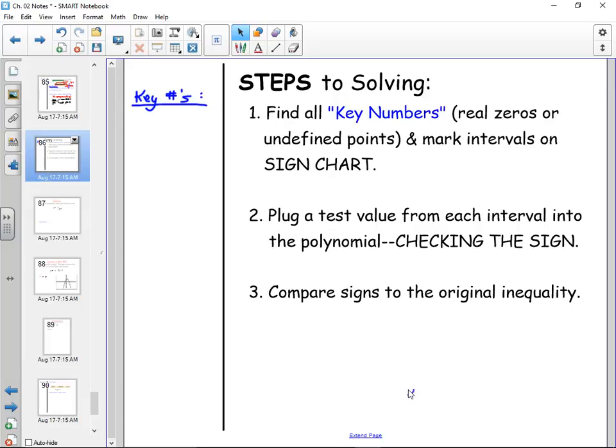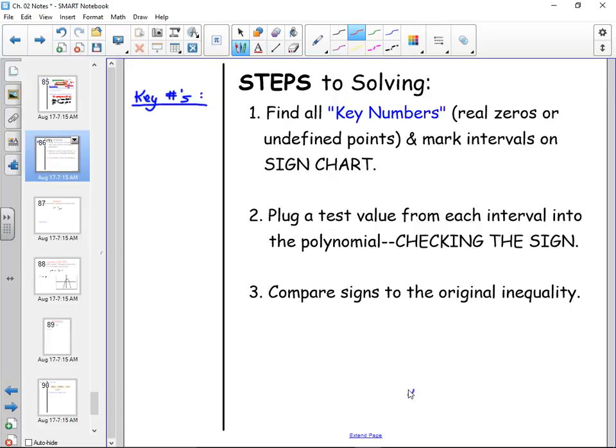Before we get to the hard one, let's quickly look at steps. It's up to you as to whether or not you want to write them. Can we look at the other steps real quick? For the polynomial ones, what was the first thing? Find the key numbers. What's the one difference in this entire page?